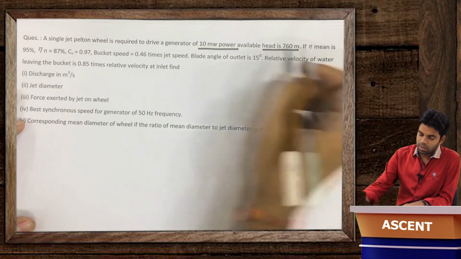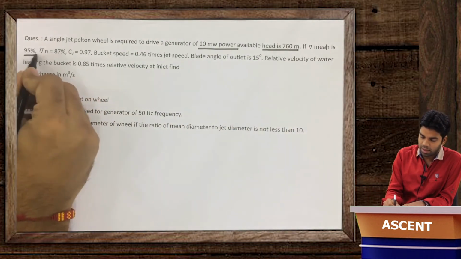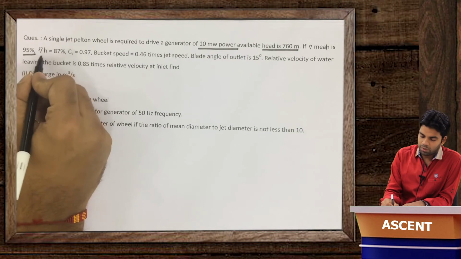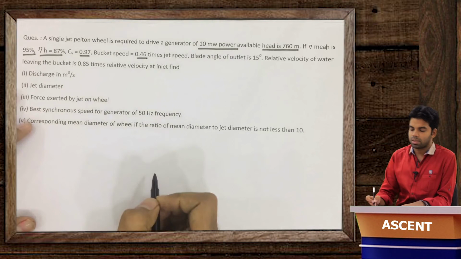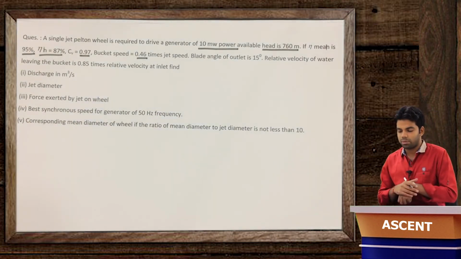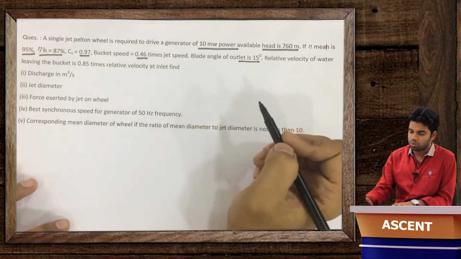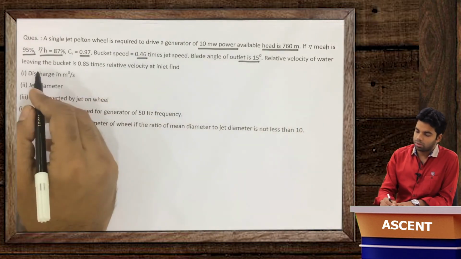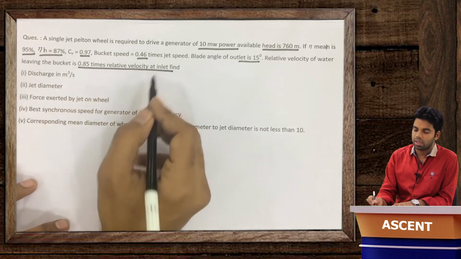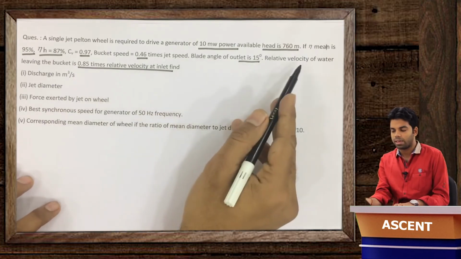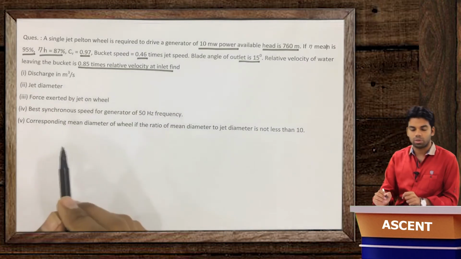If mechanical efficiency is 95% and hydraulic efficiency is 87% and CV is also given, bucket speed is 0.46 times the jet speed, that means phi is given. Blade angle at outlet, beta 2, is also given. Relative velocity of the water leaving the bucket is 0.85 times the relative velocity at inlet. Now what does this mean? Relative velocity VR2 is 0.85 times that of VR1, that means the value of K is also given.